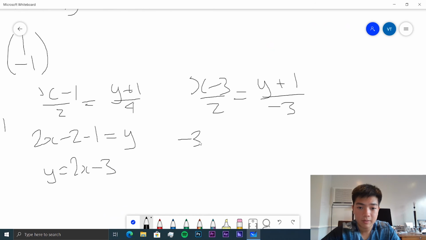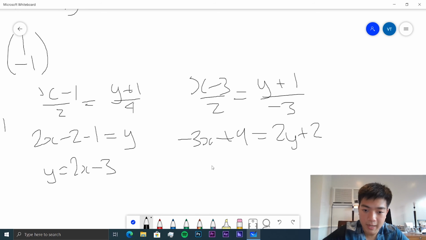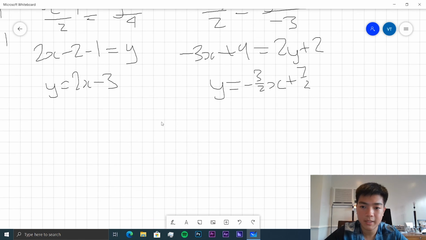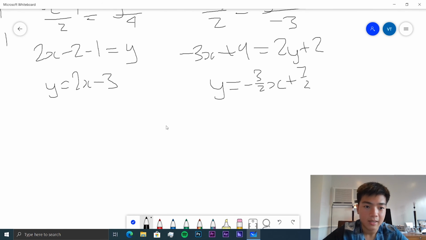So then we have negative 3x plus 9 is equal to 2y plus 2. And so we have y is equal to negative 3 halves x plus 7 over 2. So equating these two together, we get 7 over 2 x is equal to 13 over 2, so x is equal to 13 over 7.